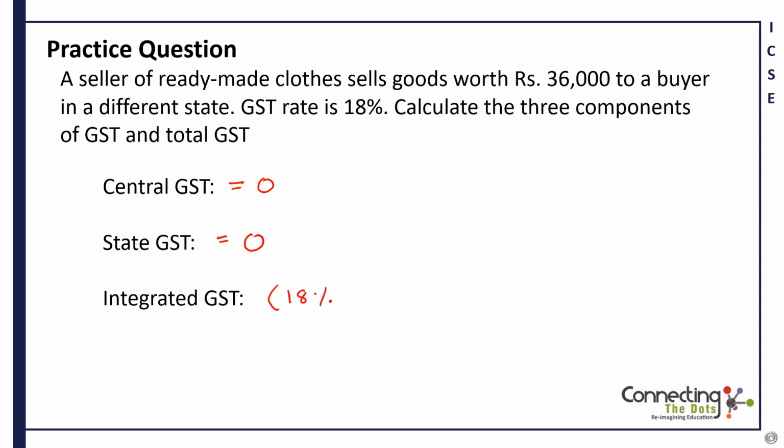So the 18% GST is applied as part of IGST, which is 18% of rupees 36,000. And that is the total GST amount in this interstate transaction.